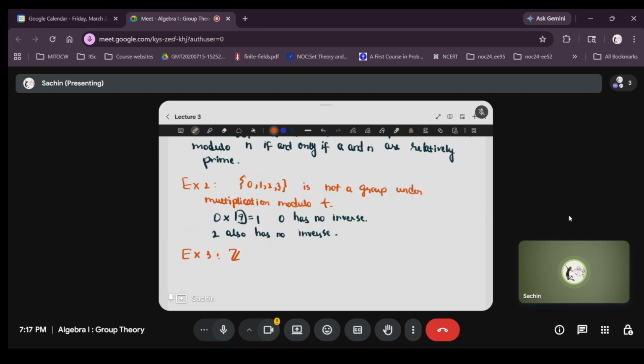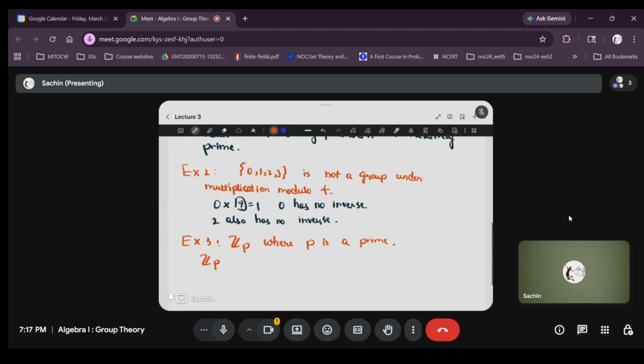But what about Zp where p is a prime? That is the set, okay, I'll write it as Zp star, or we'll simply write it as Zp. We will just know by context whether 0 is included or not. So if it's multiplication, we will just exclude 0.